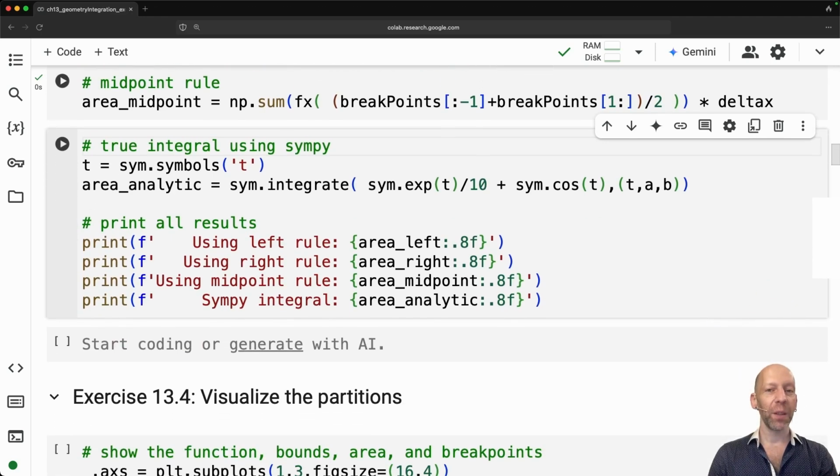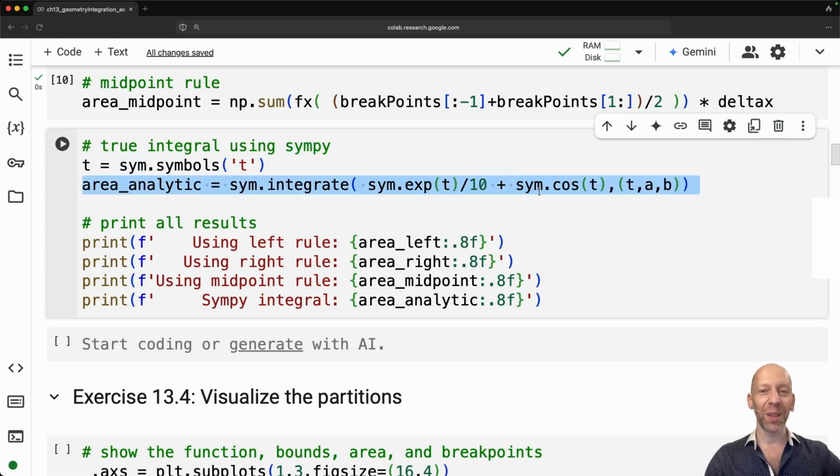And then here is where I'm calculating the definite integral using SymPy. I haven't yet defined this function as a symbolic expression. For this example, we don't actually need this expression anywhere outside of this one line of code. So I decided not to create a separate variable and simply write the expression directly in sym.integrate.